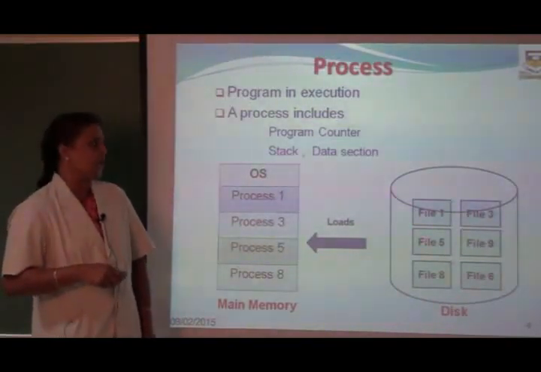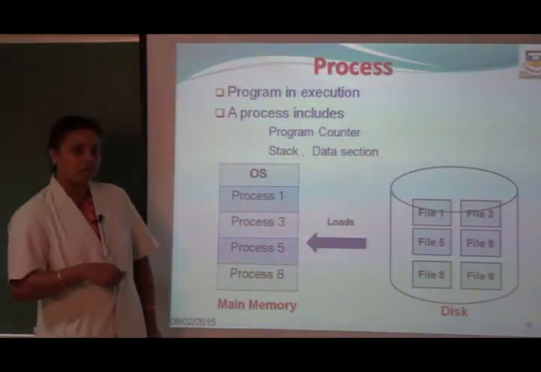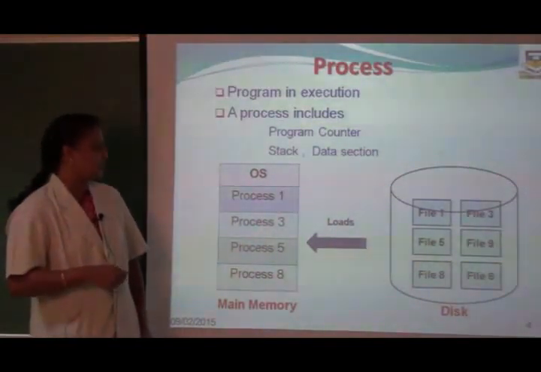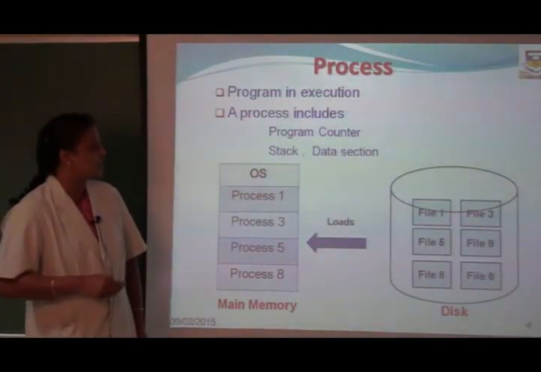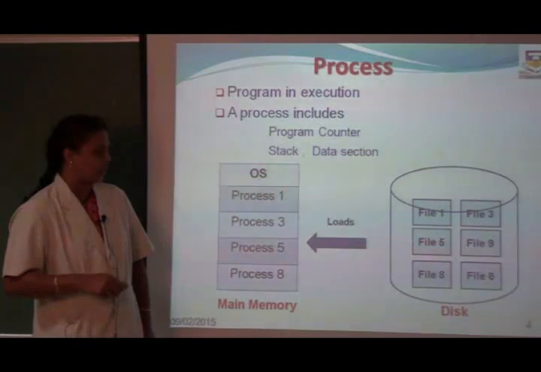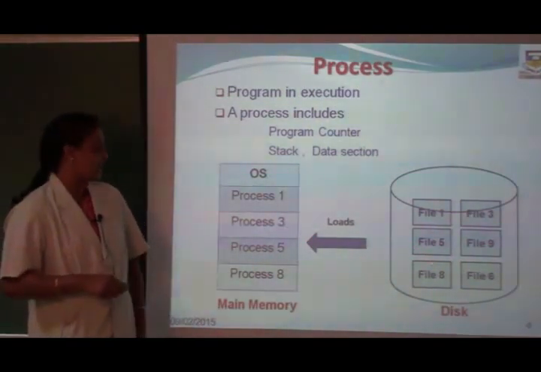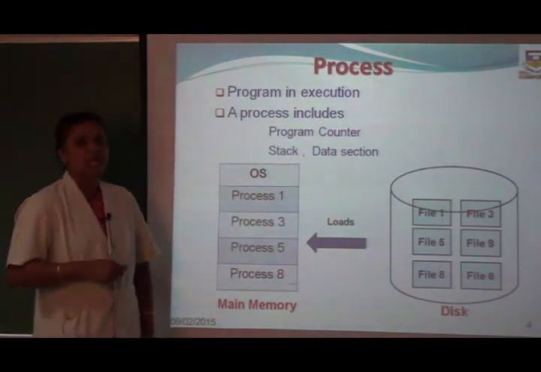If we want to execute or open an application, that application should be loaded into the physical memory, also called main memory, and then that program can be executed. The processes or files available in the secondary storage device cannot be executed directly from there itself. They have to be loaded into the physical memory, and then they can be executed.